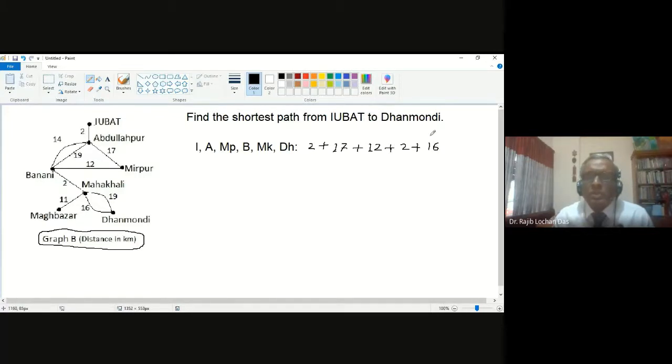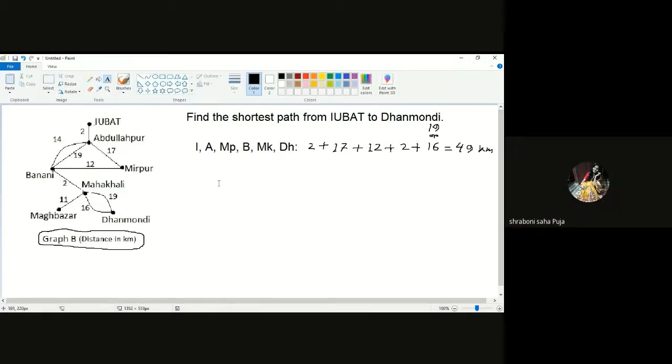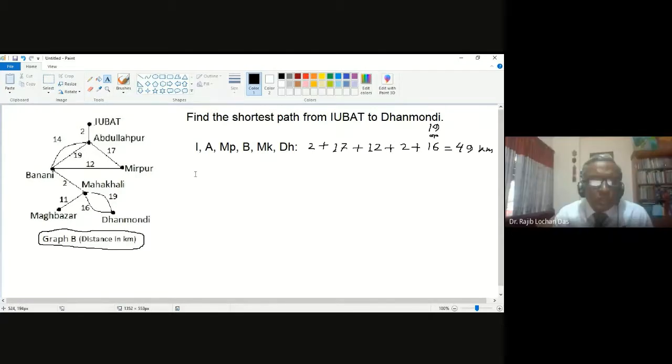So definitely you will take 16, because this is shorter. So altogether it is 19, and then 31, 33, 49, 49 kilometers. Is it okay? Do check the calculation. Yes, sir. So this is the path and this is the value of that path.